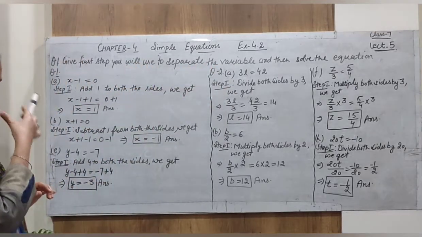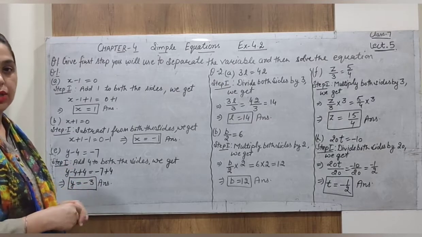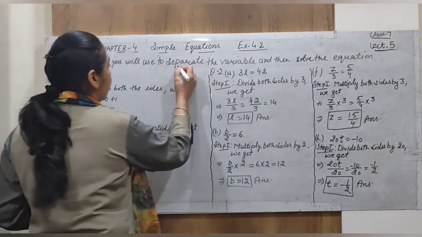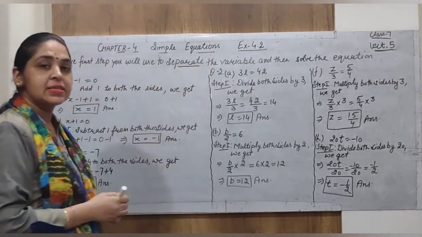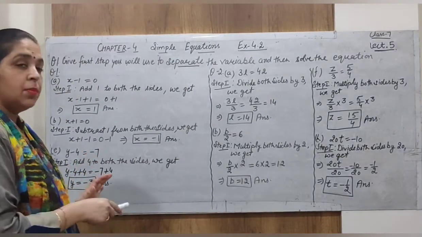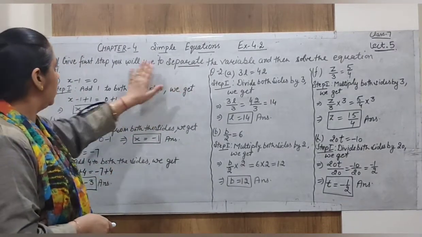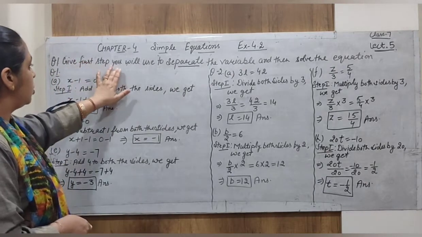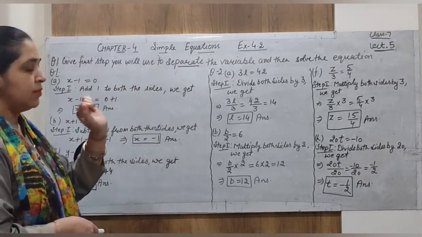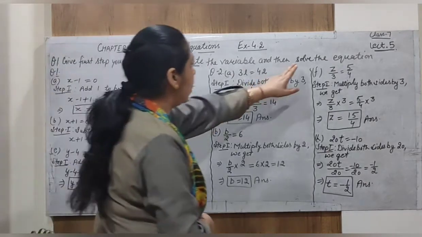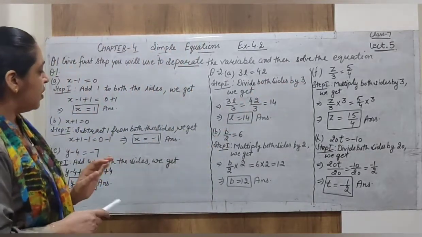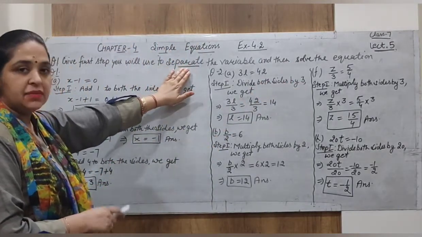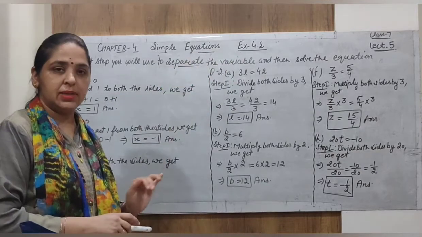Separating the variable means we have to find out the value of the variable. That's why it is written that the variable is separated from other terms. So first we have to separate the variable and then solve the equation.